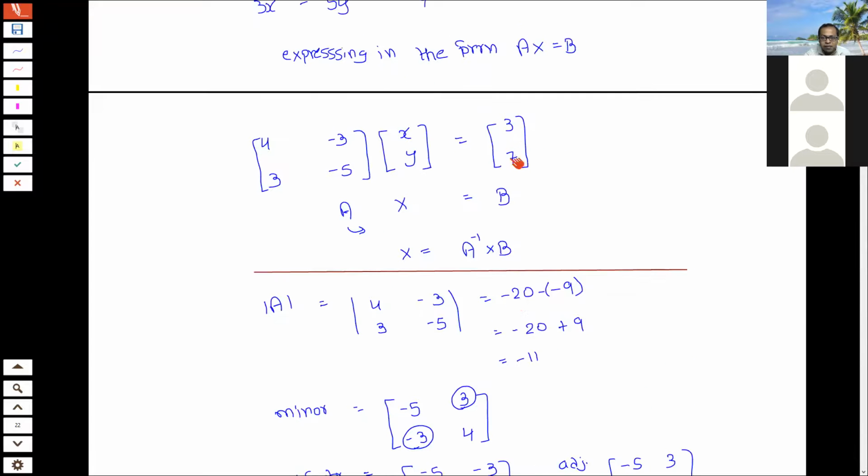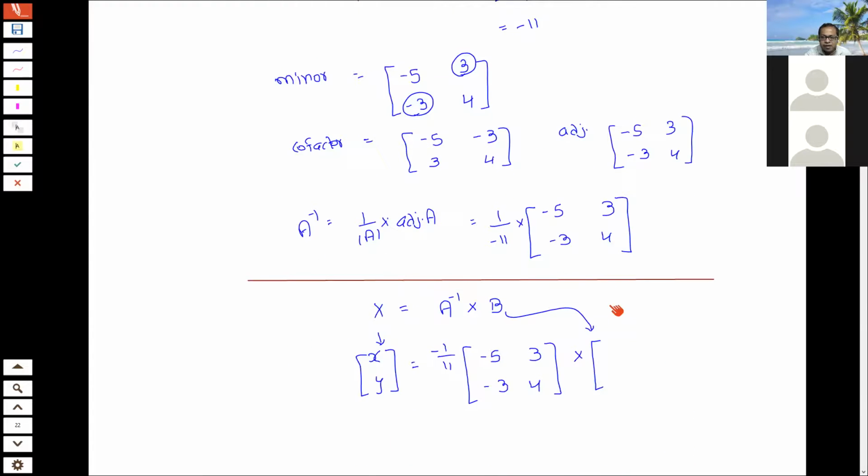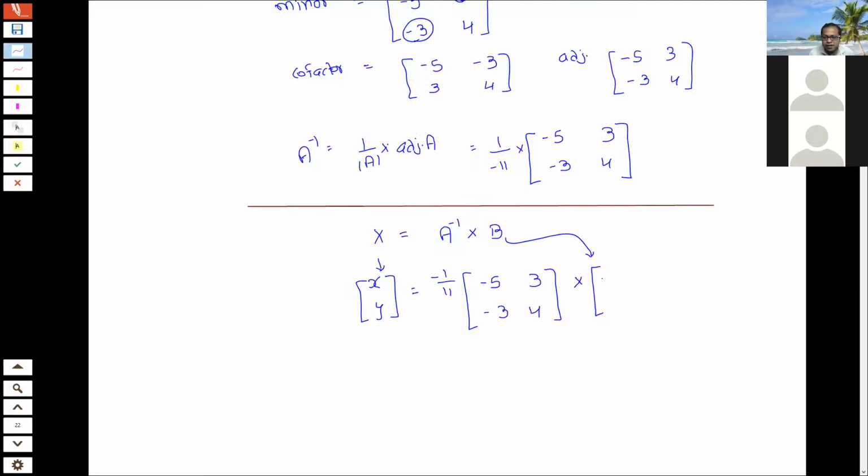Matrix B was 3 and 7. So look here, it is 2 row 2 column and 2 row 1 column. So when I multiply, how many rows and columns will I have? 2 rows and 1 column.